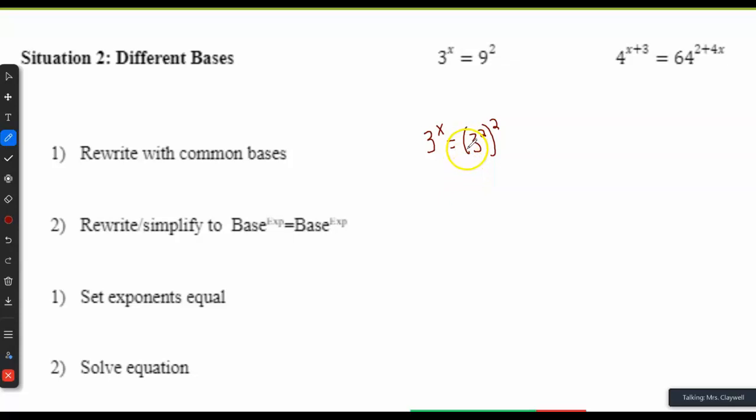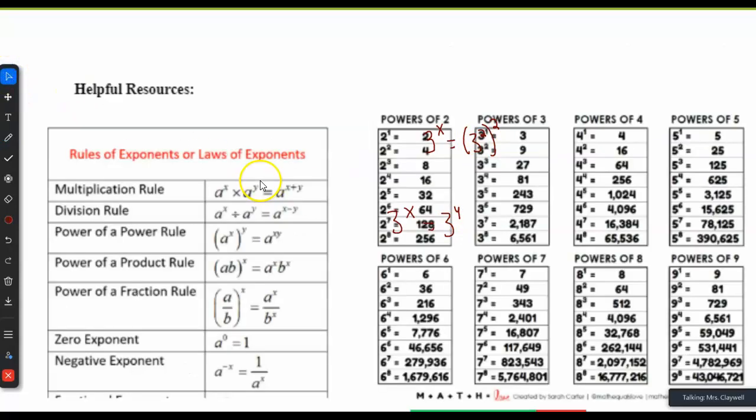I want to write it as base to an exponent equals a base to an exponent. This 3 squared is the same as 3 to the 4th. If you need to remember your exponent rules, go back and look at this sheet. The power rule is what we're looking at.